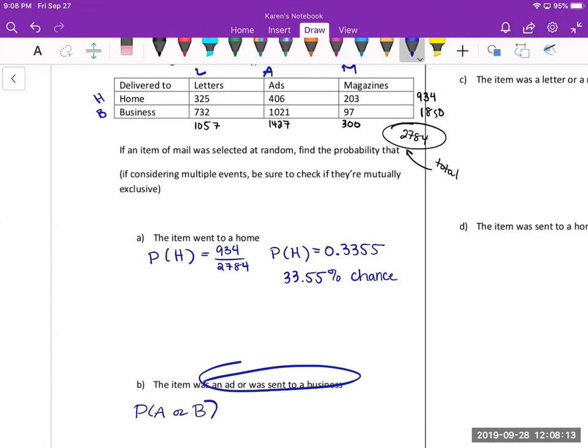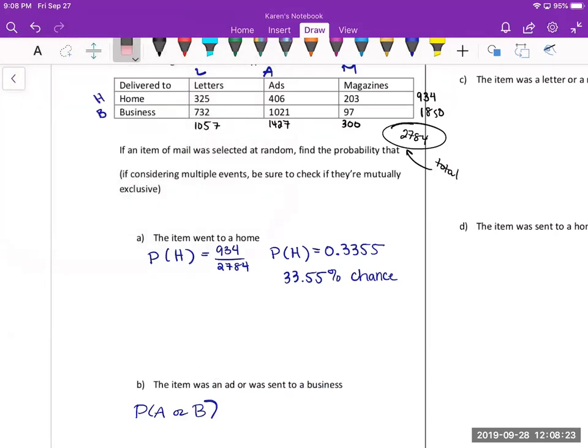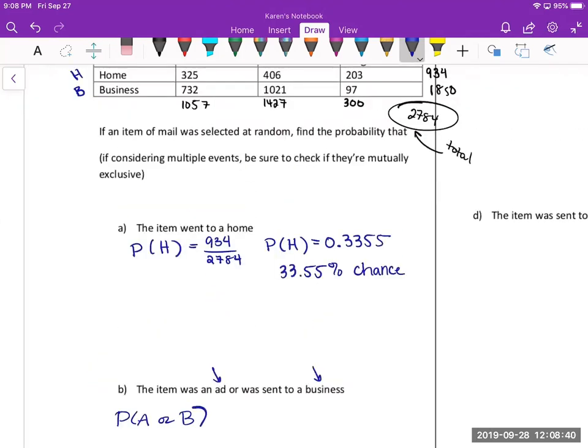Because if it is possible that I could do both of these at once, then I'm going to be doubly counting on accident when I'm trying to find my probabilities. So if I think about items of mail that could be ads or sent to a business, I know that this could happen at the same time. There are many pieces of mail that are ads and sent to businesses. In fact, there are 1,021 of them, right?